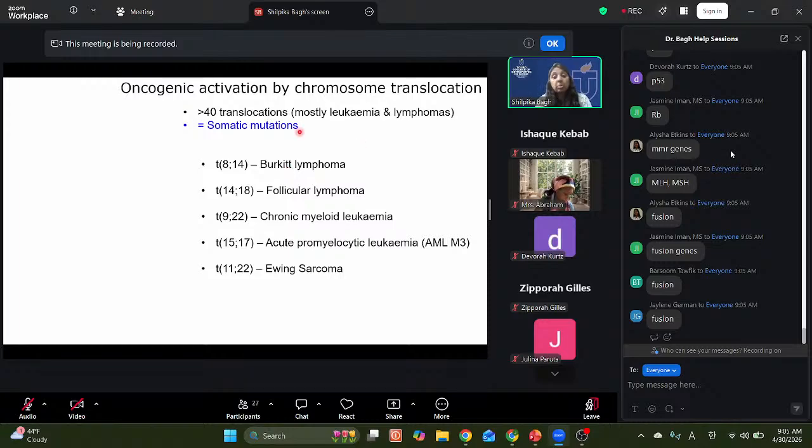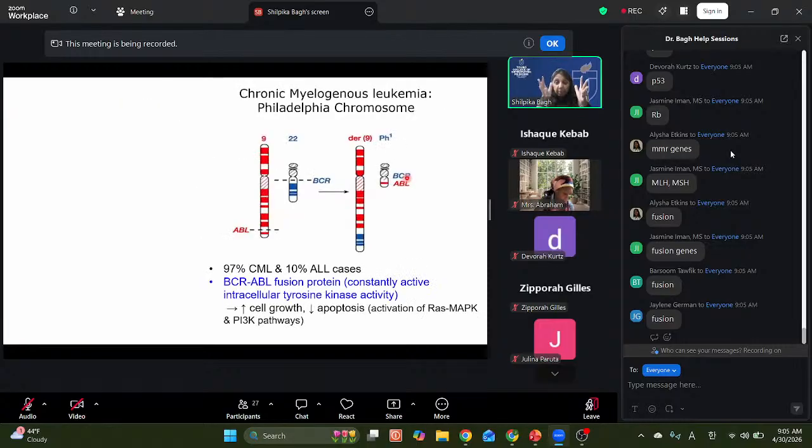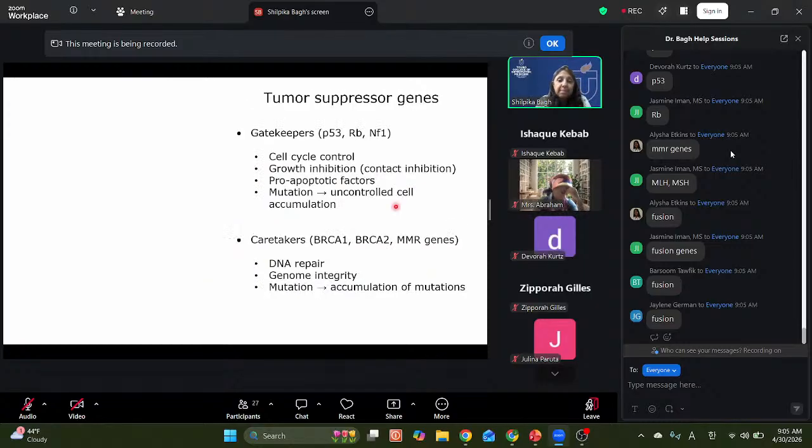Proto-oncogene means either hyperactive protein, gene amplification, gene overexpression, or these chromosomal translocations. The Philadelphia chromosome in CML was an example of a fusion gene.